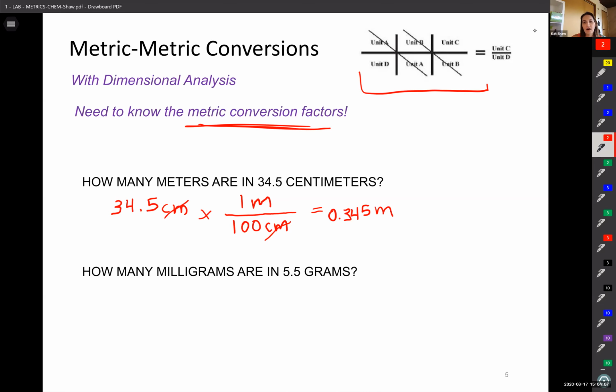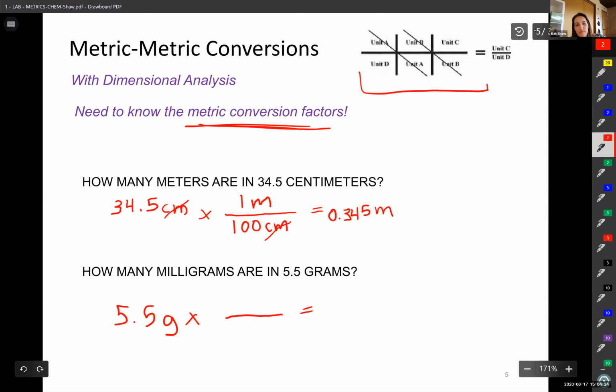Let's try it with grams to milligrams. I need to know how many milligrams are in 5.5 grams. I need my conversion factor here, right, in order to get my milligrams. What conversion factor would I use here? 1,000.